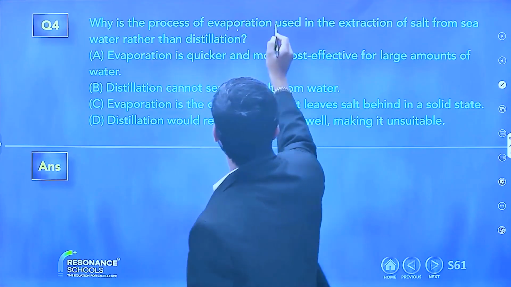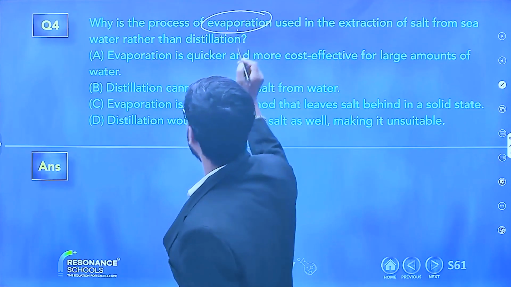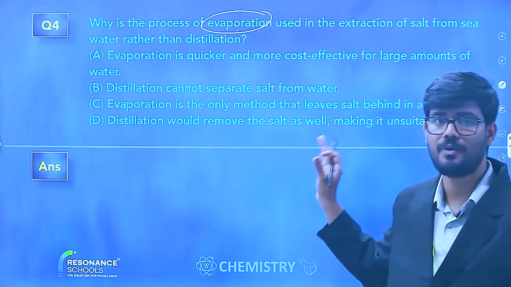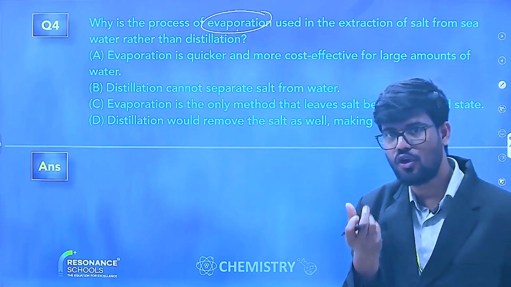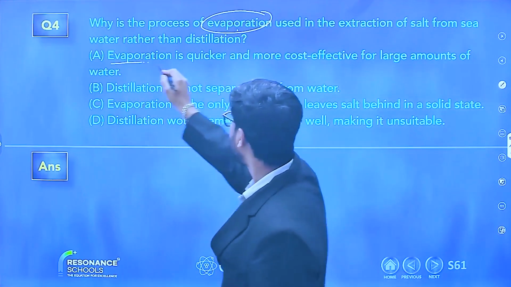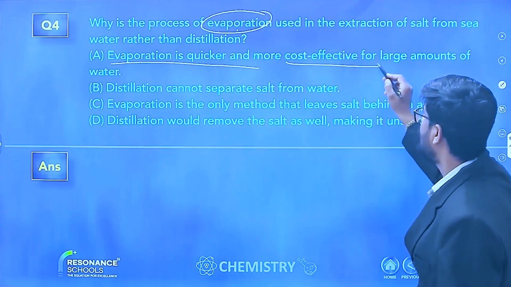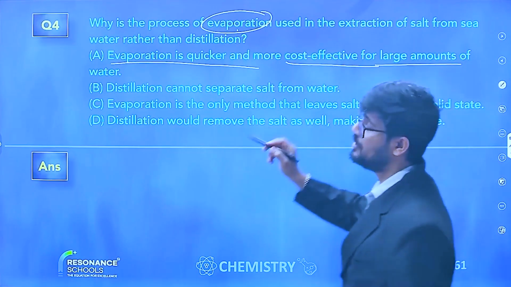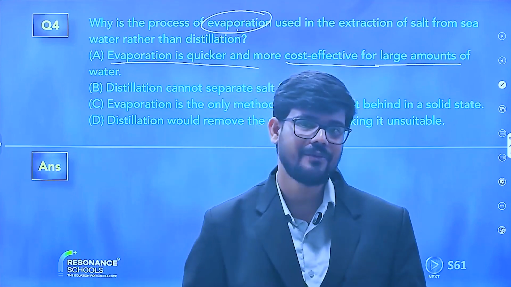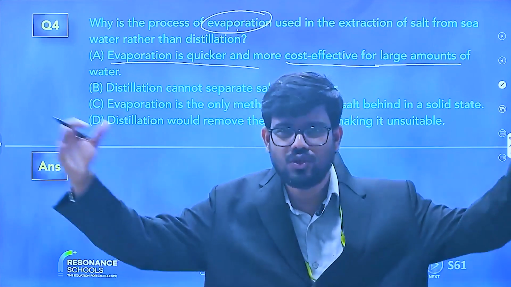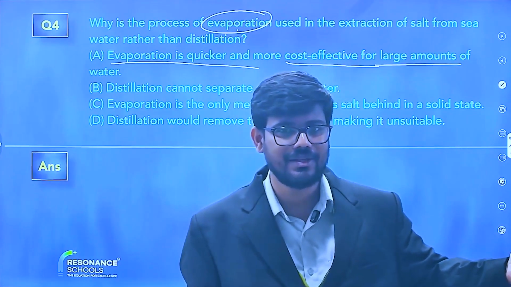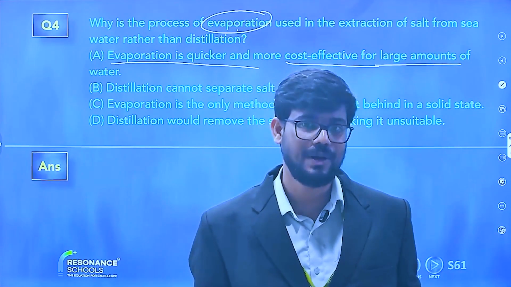Why is the evaporation method more useful in this case, from seawater, for that salt extraction process? So the main reason is evaporation is quicker and more cost effective for large amounts of water. Because just imagine we have seawater, a huge amount, and if you want to boil that liquid, how much energy you have to supply?